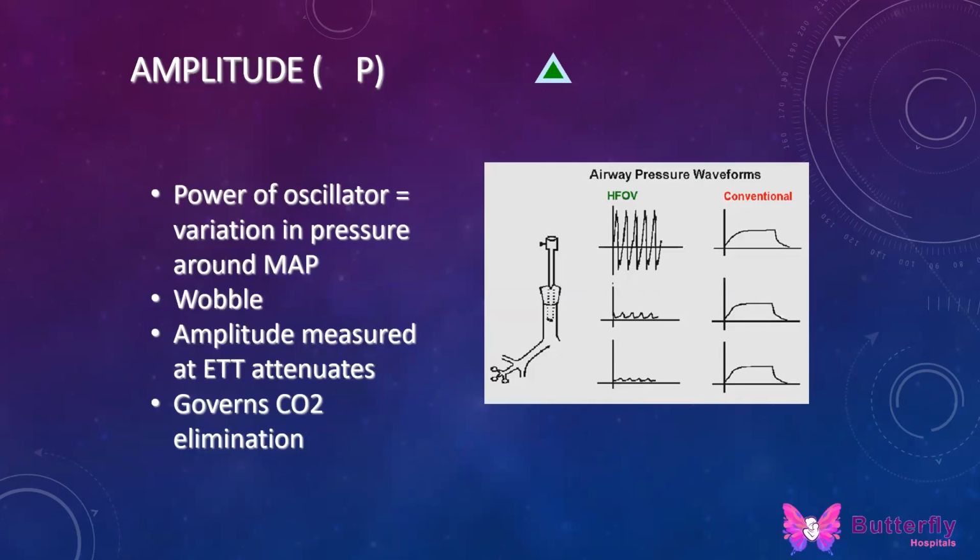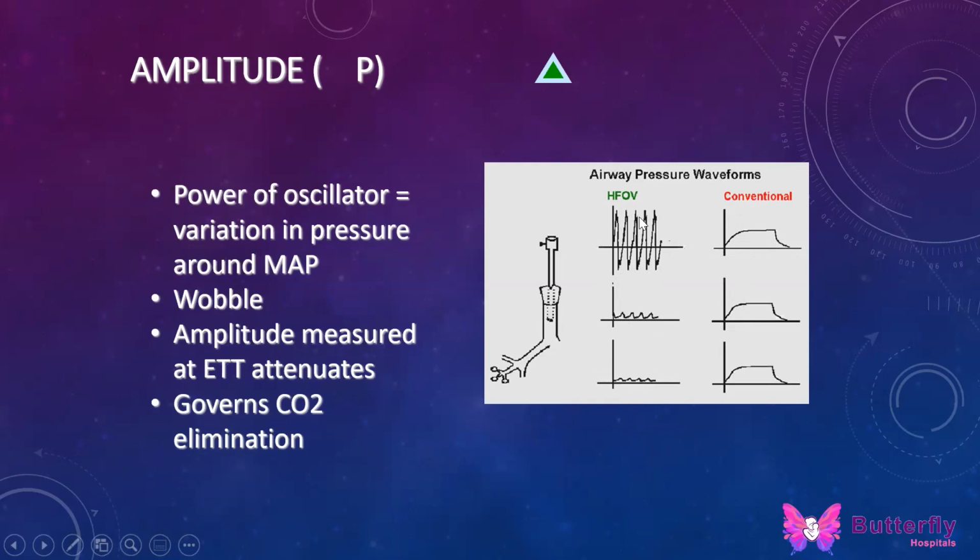So how do you adjust the amplitude of the baby when you first start? In conventional ventilation, the airway pressure waveforms will be like this, whether in inspiration, expiration, or wherever you are, in the proximal airway or the distal airway, as we discussed before. So the longer the airway, the amplitude doesn't reach the alveoli.